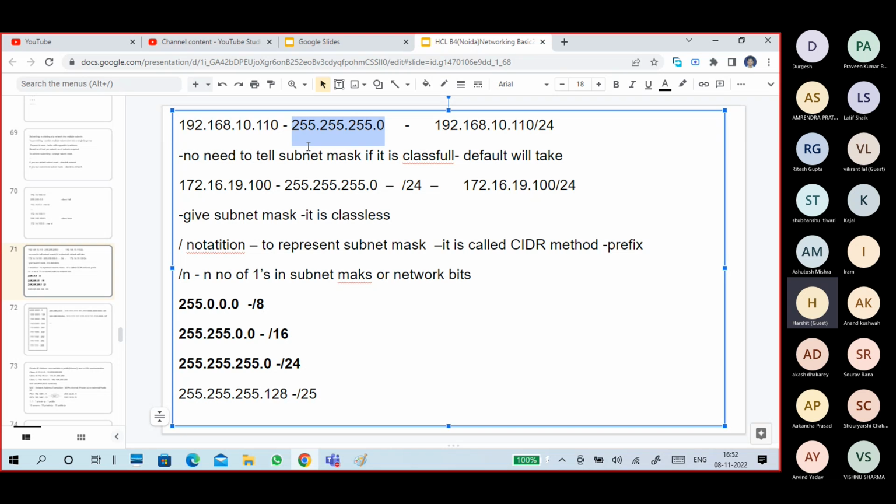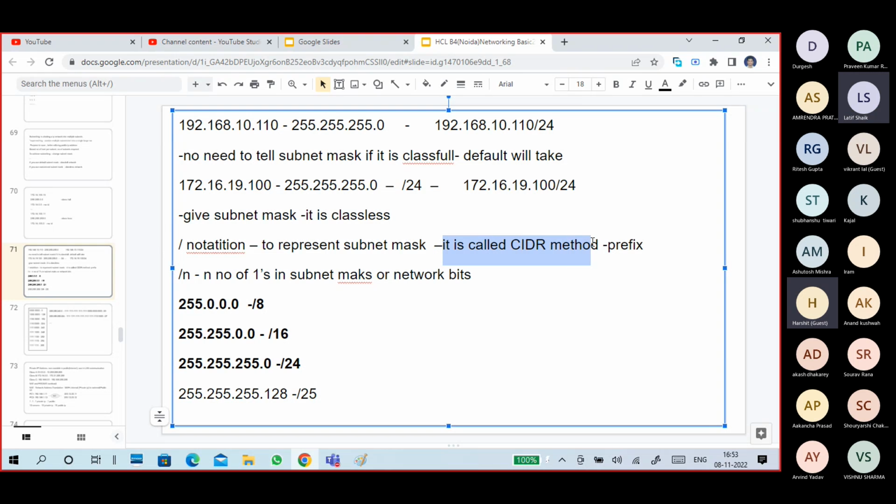Next one is, I can write the same subnet mask because it looks very big. Spelling it is also very big, right? The same subnet mask you can write in slash notation. Slash notation is to represent the subnet mask.